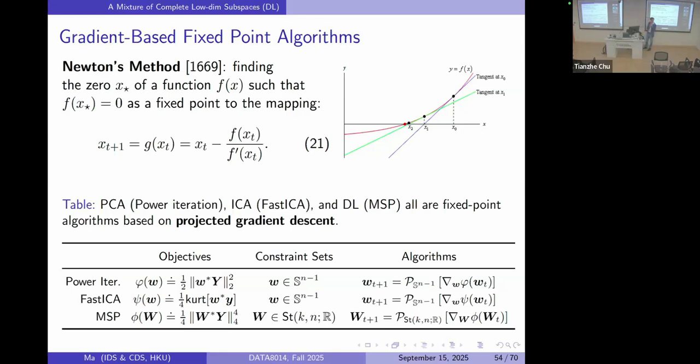The gradient of f becomes 0. Hence x is a root of the gradient of f. Replace f with this one, and you get Newton's equation for optimization, okay? Now this becomes the gradient, and this becomes the Hessian.